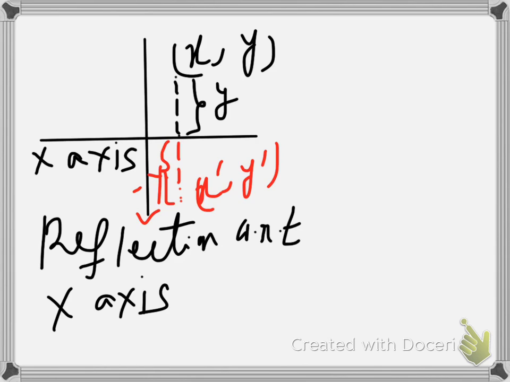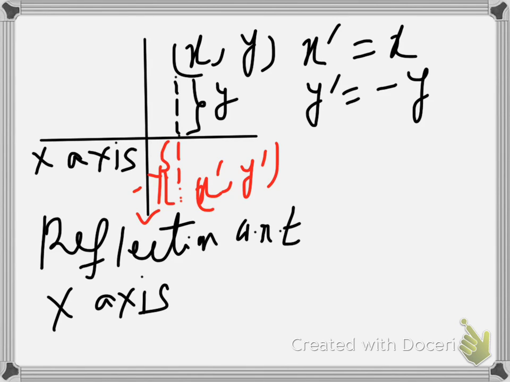So what follows is, now x dash is equal to x and y dash equals to minus y.